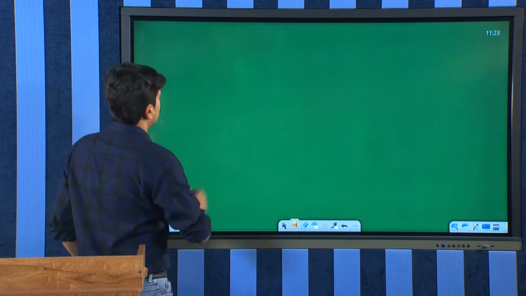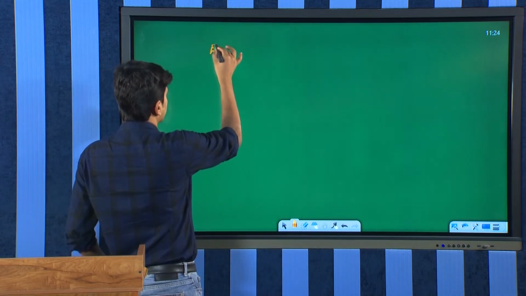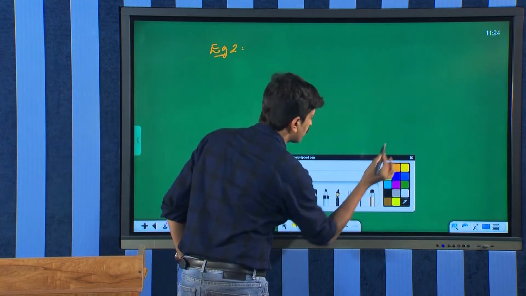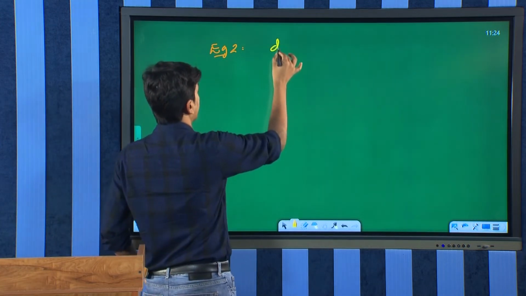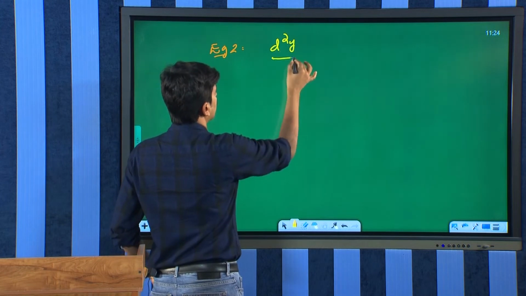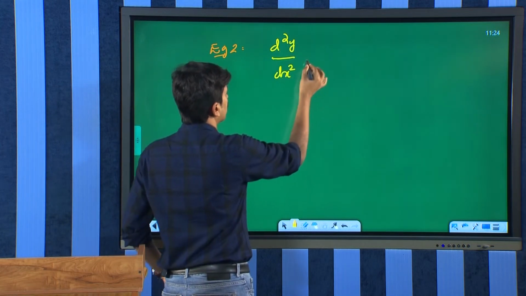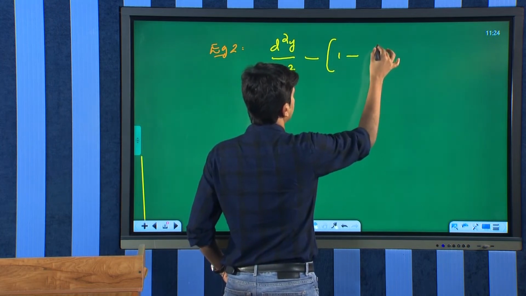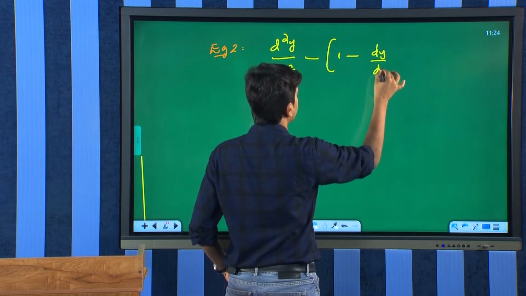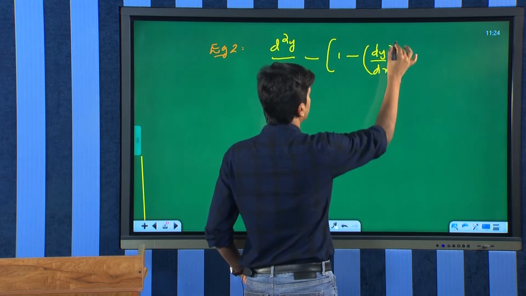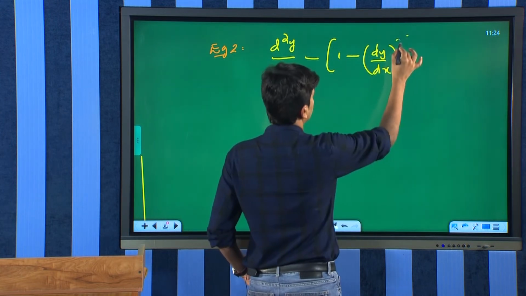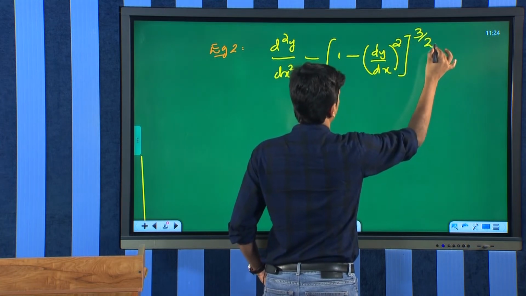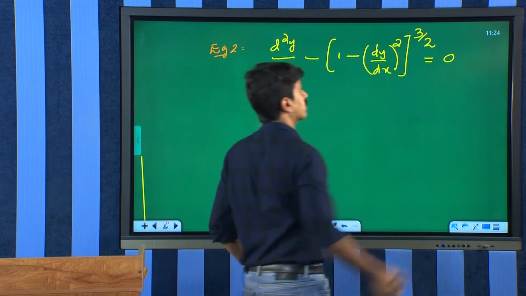See, we can move to the next question. Next question. In this question we have d square y by dx square minus (1 minus dy by dx whole square) whole raised to 3 by 2 is equal to 0.